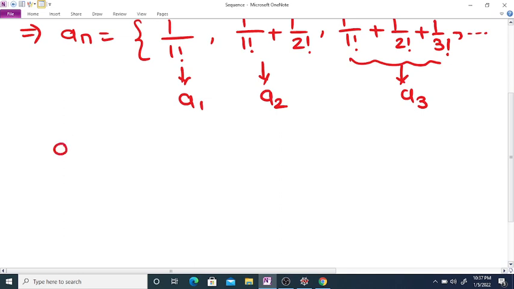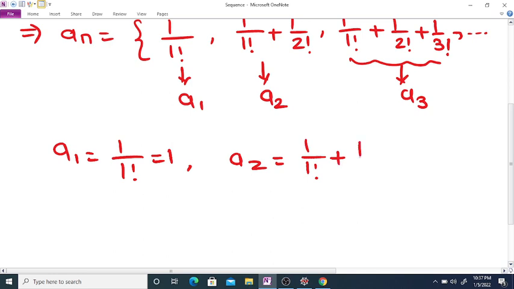So a1 is equal to 1 divided by 1 factorial, which is equal to 1. a2 is equal to 1 divided by 1 factorial plus 1 divided by 2 factorial, so it is 1 plus 1 by 2, which is equal to 1.5.